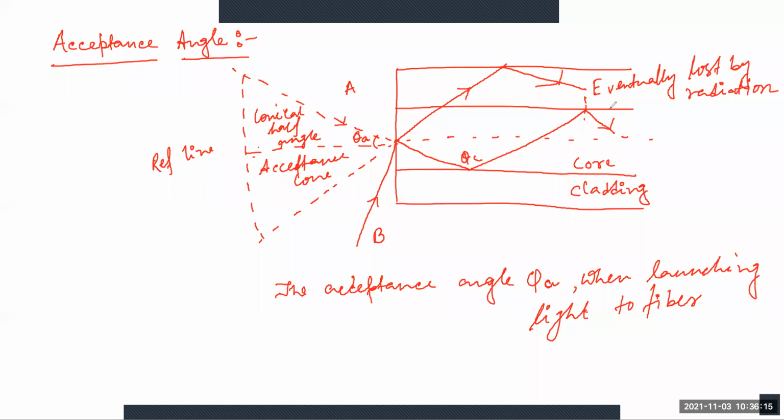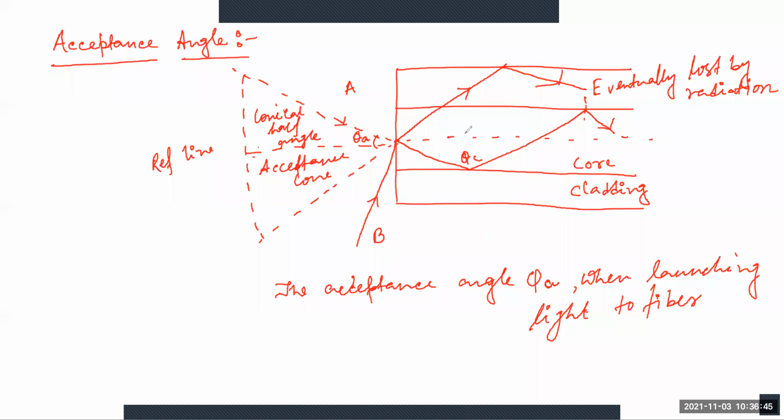You can see here it is eventually lost by radiation. So the incident ray here, denoted as B, at an angle greater than phi A is refracted into the cladding and is eventually lost by radiation.